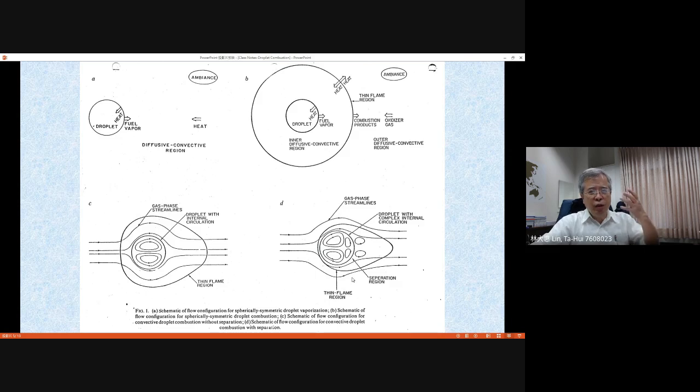Okay, you just imagine. Later on, I will show you some slides, and you can see this from the experimental observation. And if you continue to increase the flow strength, then the flames will be pushed out to the downstream side. Then you will find that the chemical reaction will exist in the wake region of your droplet.